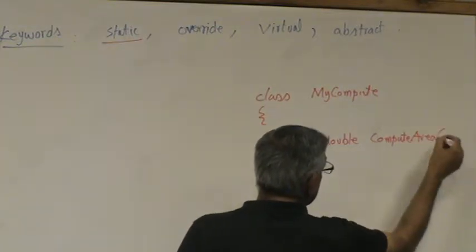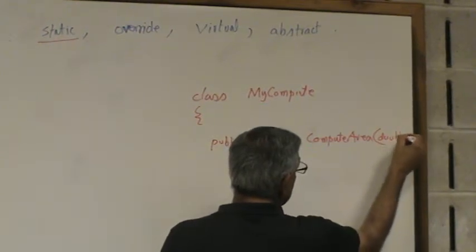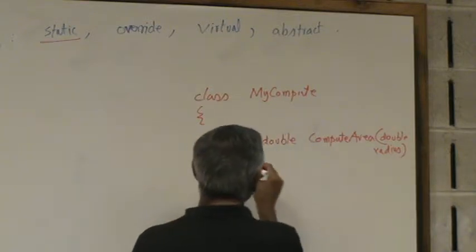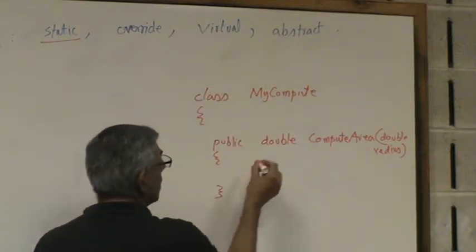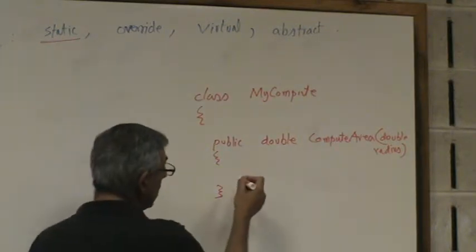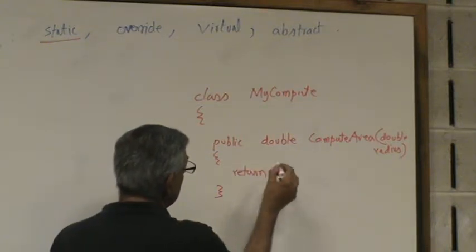Okay, and then double radius. So let's pretend the code over here computes the area of a circle. Remember, anybody remembers the formula for the area of a circle? Pi r squared, right? So this will do return.